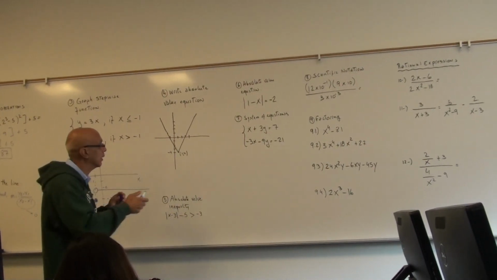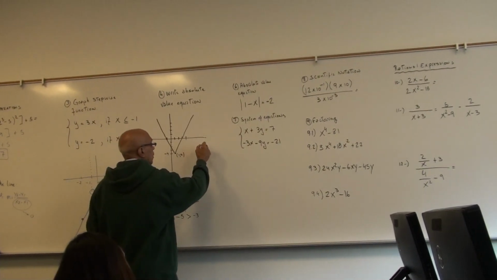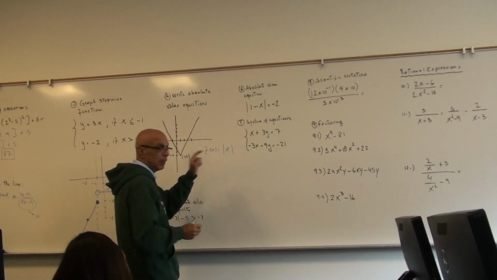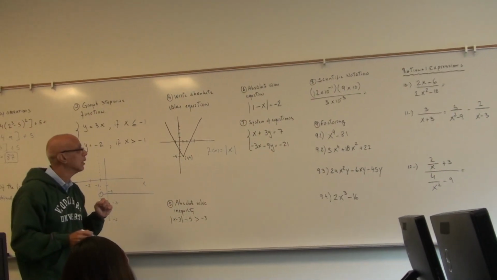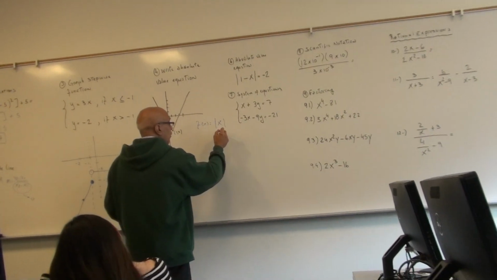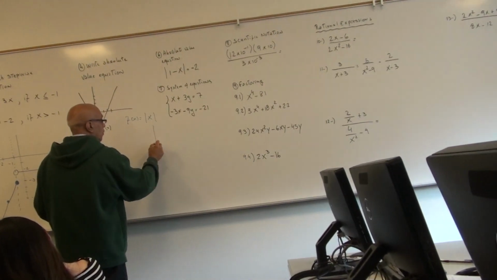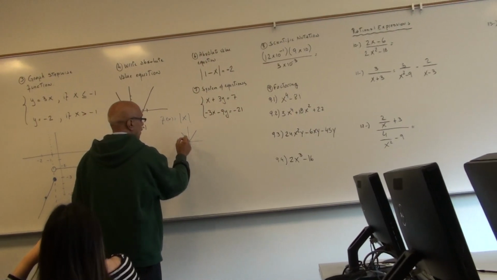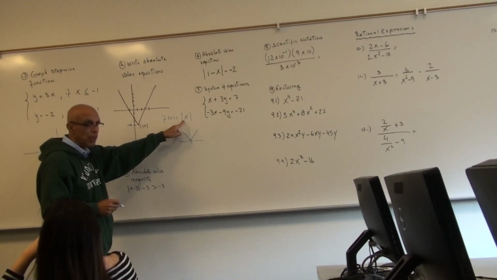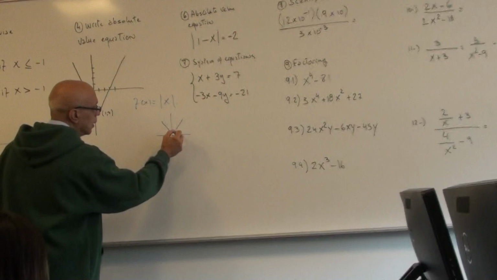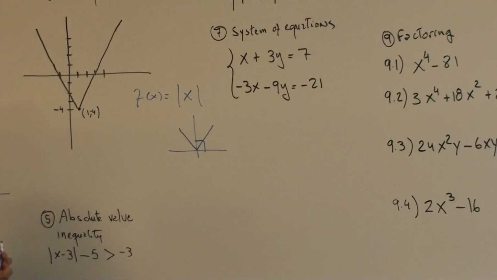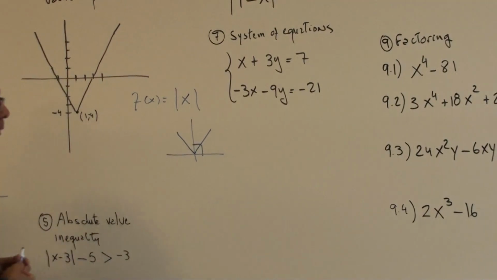What is the basic absolute value function? f of x equals absolute value of x. This is the basic one, right? If I were to graph this one, I would draw it like this right away, okay? So the slope here is 1, so that means this is 1 and 1 right here. It's a v, a 45 degree v, okay?